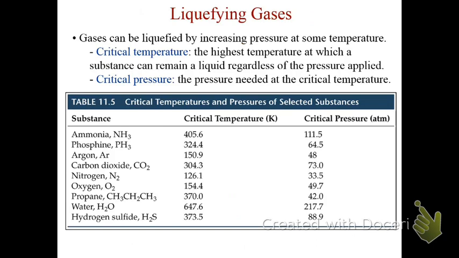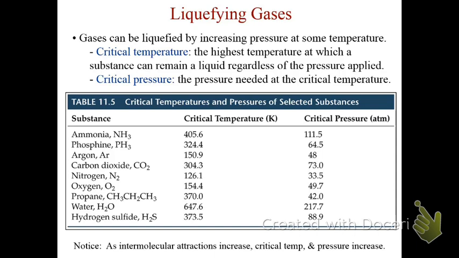What's going to have the greatest factor on this is, again, the intermolecular forces at those temperatures. Looking at a couple of examples here, you have ammonia, looking at the value given for ammonia, for phosphine right under it, for propane, for hydrogen sulfide, and then look at the value for water.